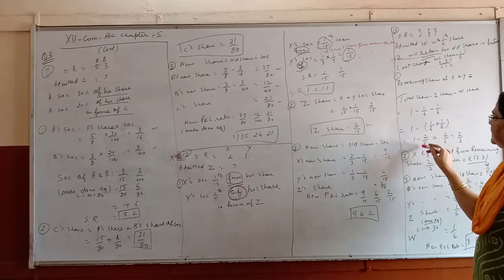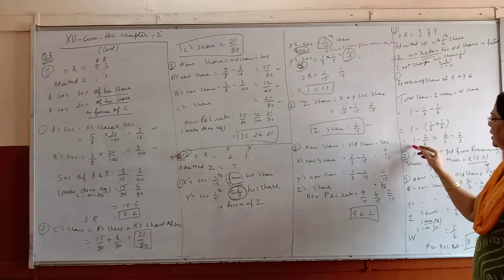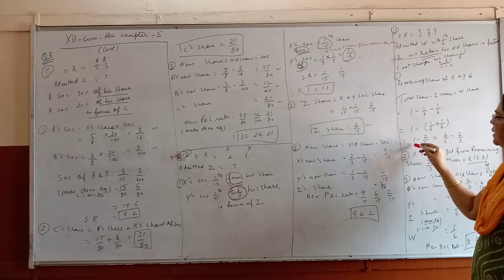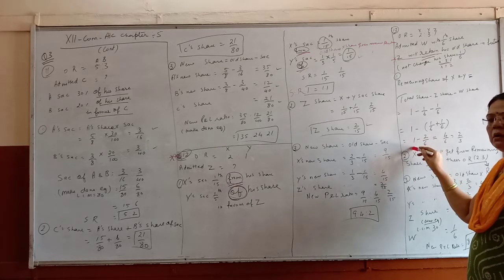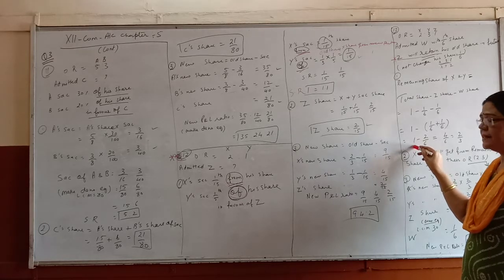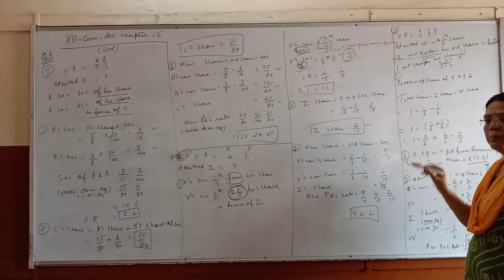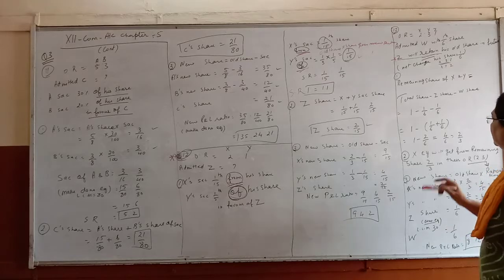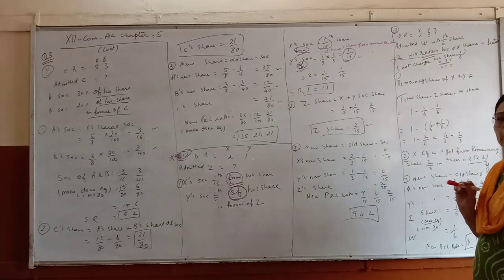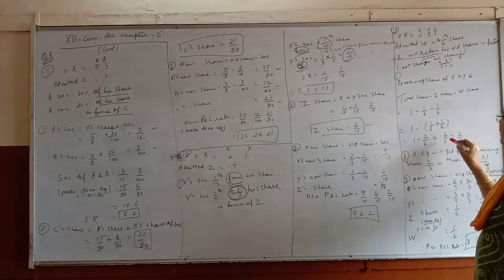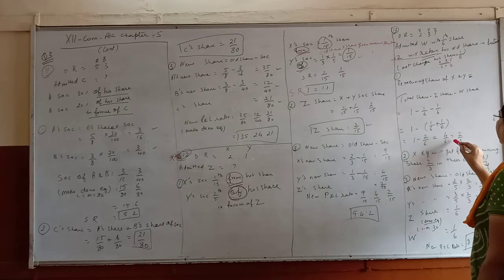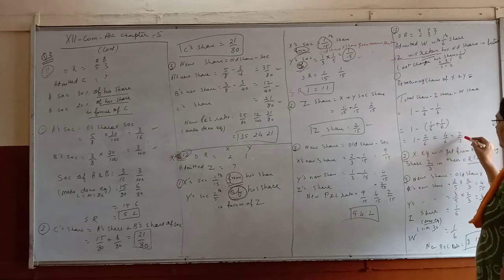Now here also the LCM is 6. So you have to make it 6. 1 is 1/1, so 1 you will multiply by 6, and on top we multiply by 6. So you will get 6 minus 2. I think you will be able to work this out. 6 minus 2 you will get 4/6, and this you will reduce, you will get 2/3.